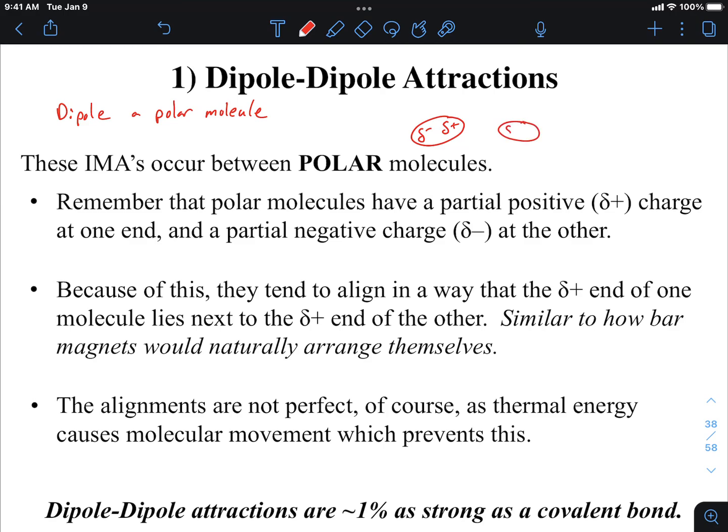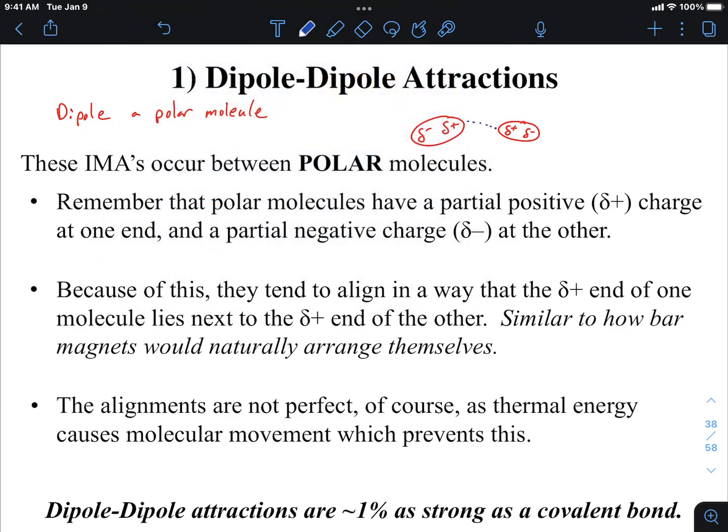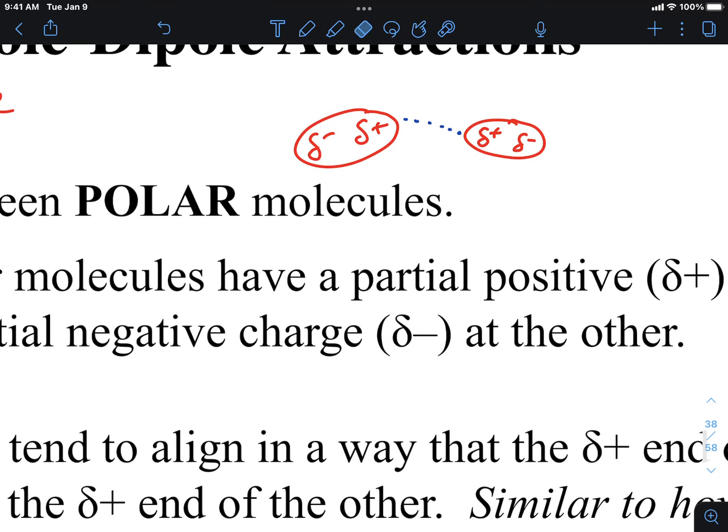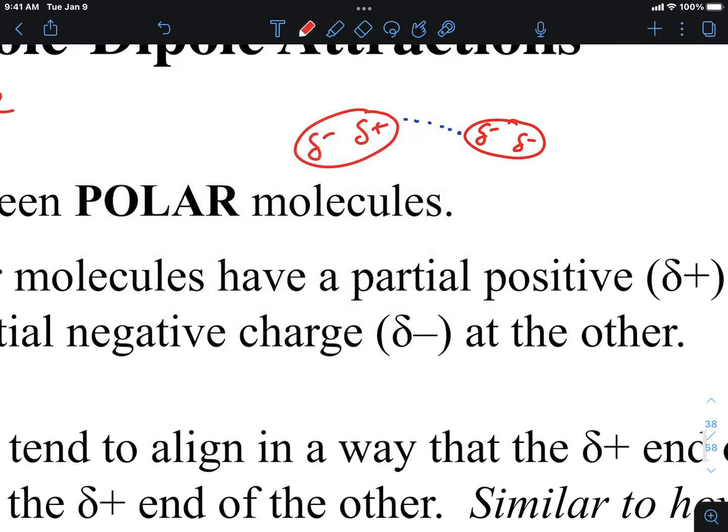Polar molecules will actually stick to each other, or they'll at least attract each other. But you have to pay attention to the sides. Oops, that is wrong. Hold on, let me fix this. The negative side is attracted to the positive side of another molecule. Opposites attract. This has always been true.